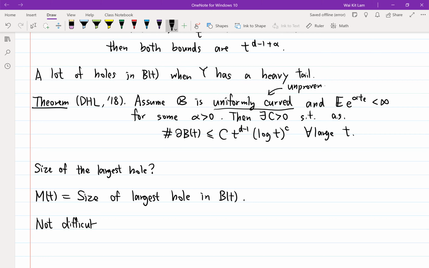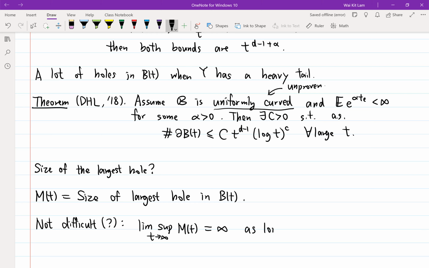Okay. And it is perhaps not very difficult to show that, in fact, you can show that the lim sup of this M(t) as t goes to infinity will be infinite. Okay. So in other words, when t is getting large, you expect that there is an infinite sequence of times so that at time t it has a very large hole.